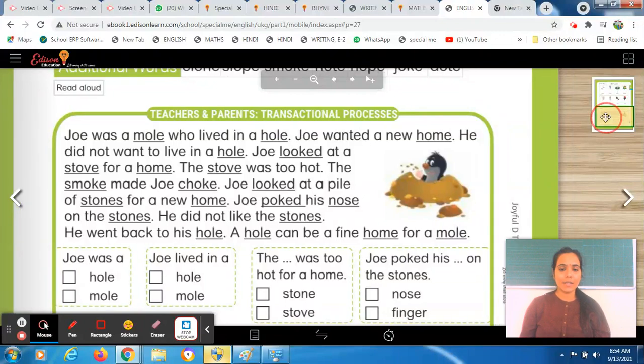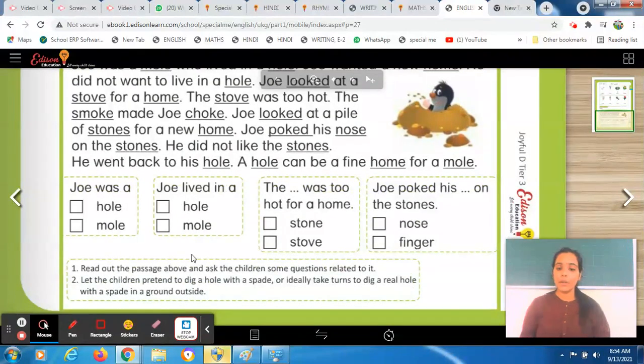Before starting this passage reading, we will read the information given to us. The very first point is: read out the passage above. It says we have to read this passage and then ask the children some questions related to it. And who is going to ask the questions? I am going to ask you the questions and you have to answer me.